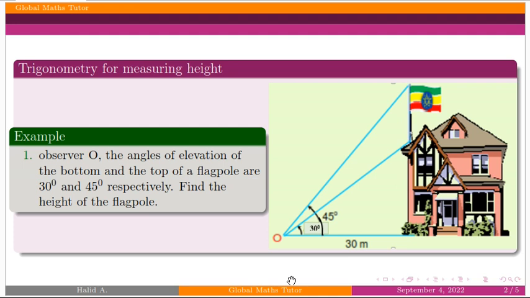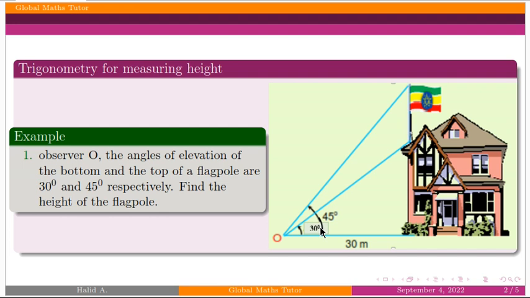The first question is finding the height of this flagpole, if an observer O at the bottom and the top of the flagpole are having an angle of elevation of 30 degrees and 45 degrees.